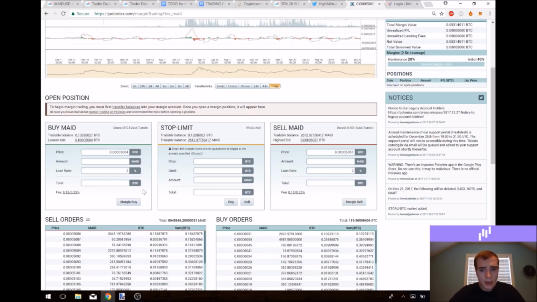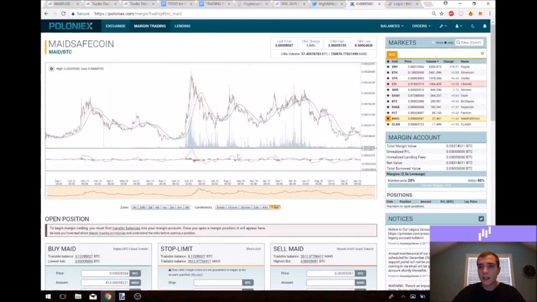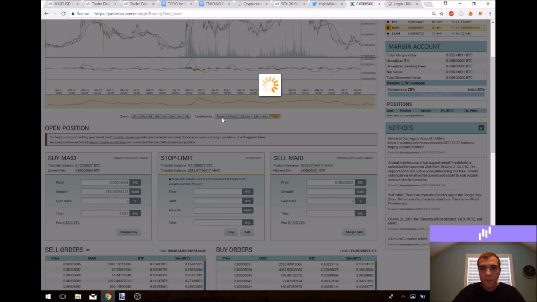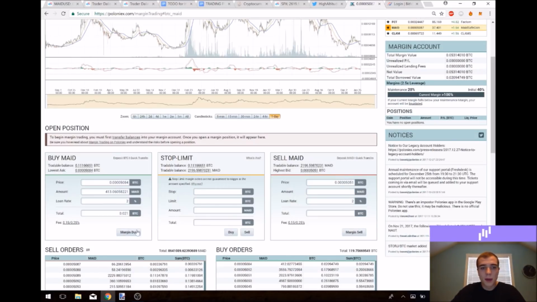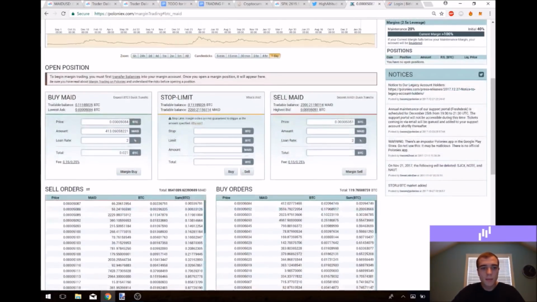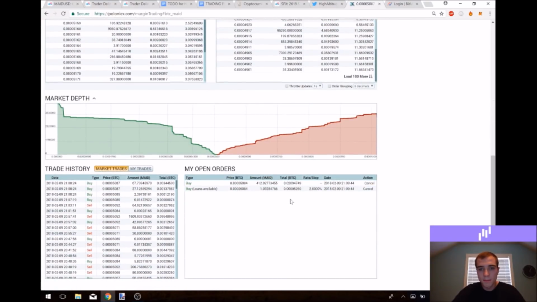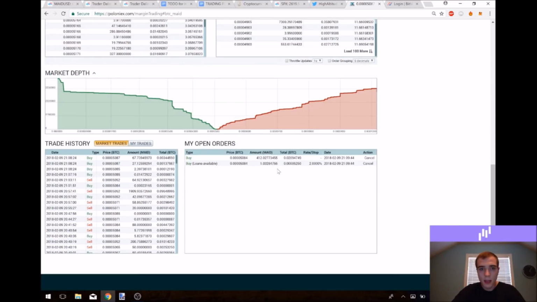Okay, so I'm gonna go ahead and put 0.021 Bitcoin in long, and that is roughly 25% of my total holdings, maybe about 30% in this tradable balance. Now, I just press margin buy and press OK. It's going to wait until it gets filled. There has to be some people here selling.